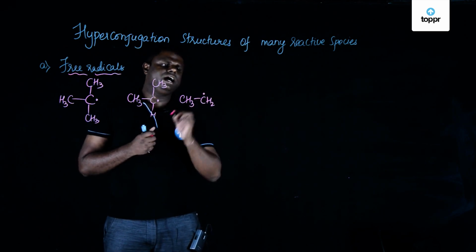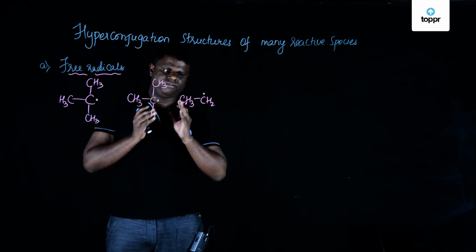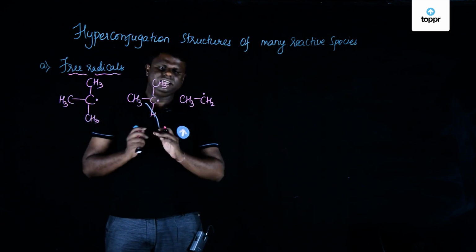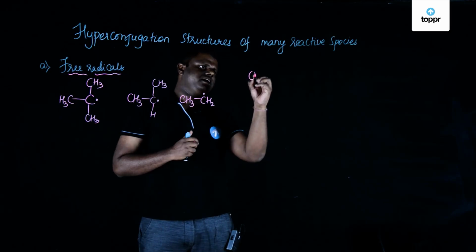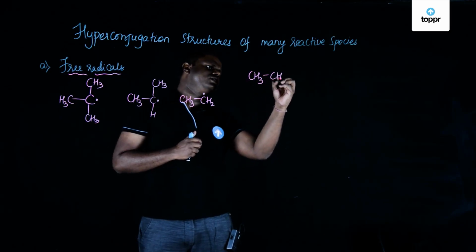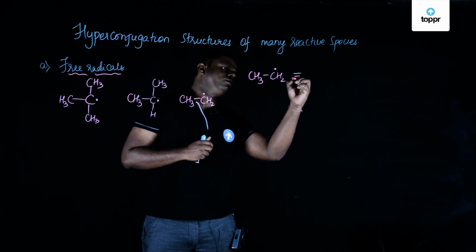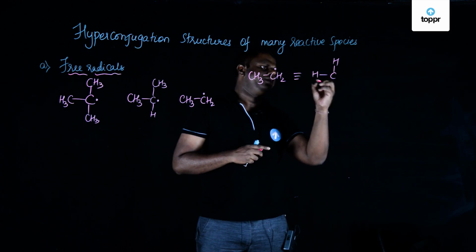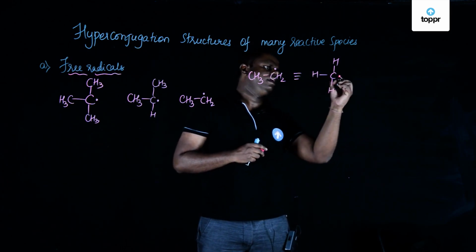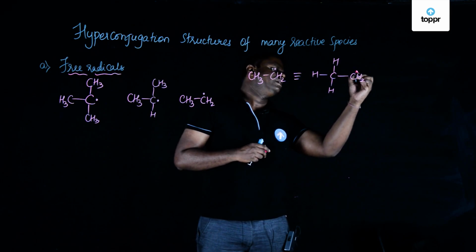Then you could have something like CH3 CH2 radical. Now let's try to see the structure of one among these, and then let's see how many structures are possible. So let's start with the ethyl free radical, CH3 CH2 dot. I'm going to write this as C with a hydrogen, a hydrogen, a hydrogen, and then CH2 radical.